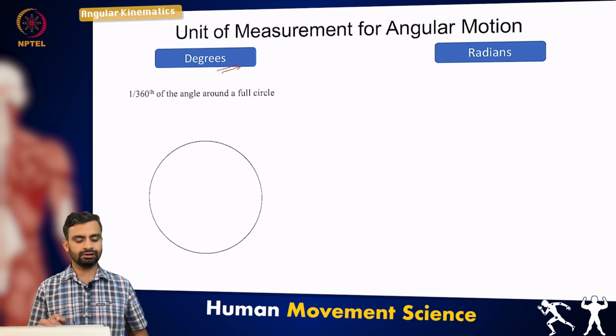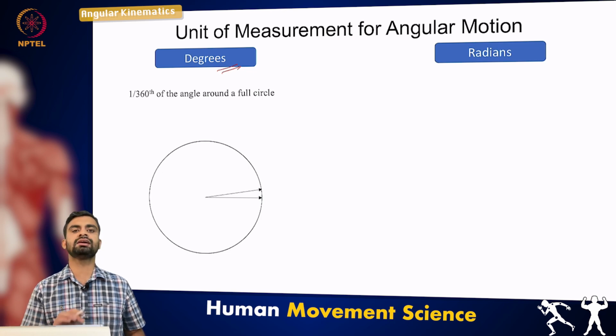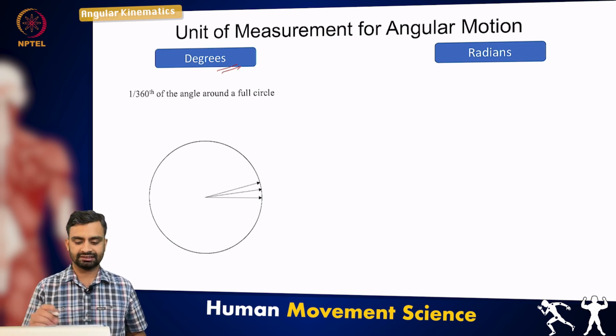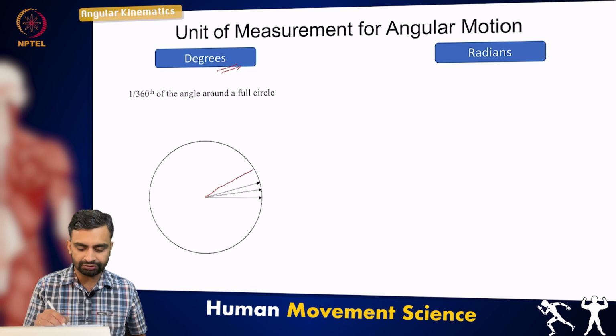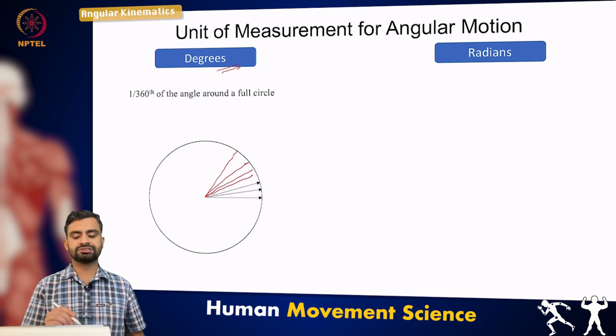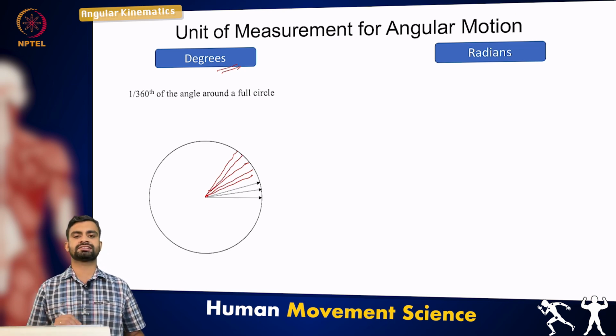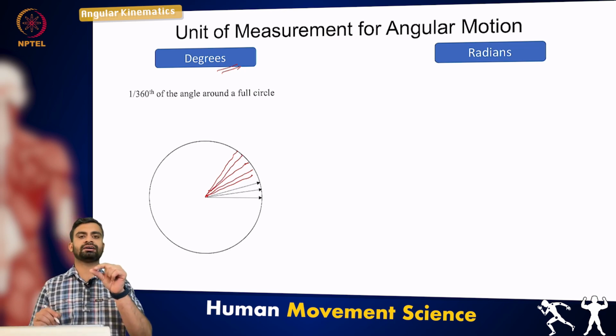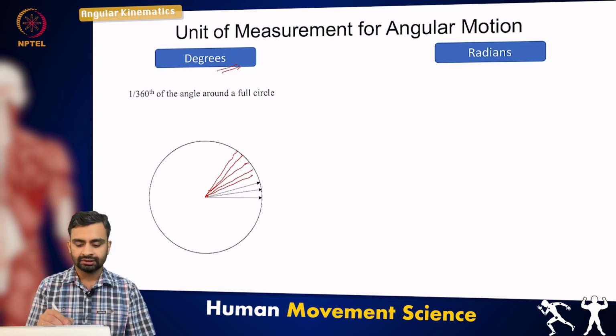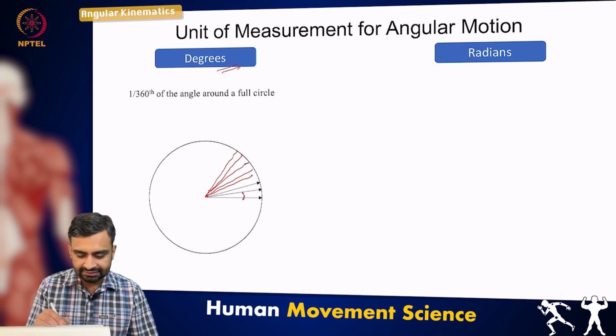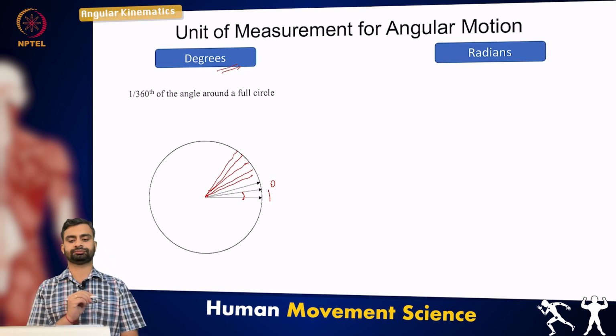For example, we draw a circle and start dividing it into 360 equal segments, as shown here, and keep drawing those lines to divide the whole circle into 360 equal parts. One such part, the angle between the lines, is known as 1 degree.